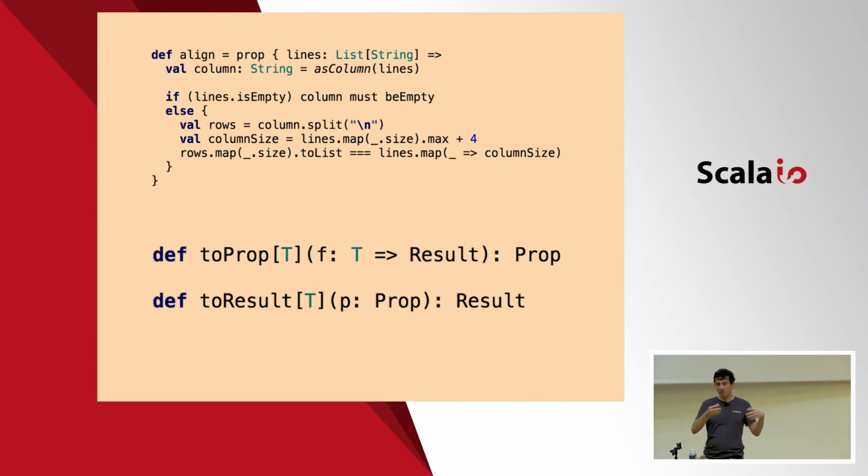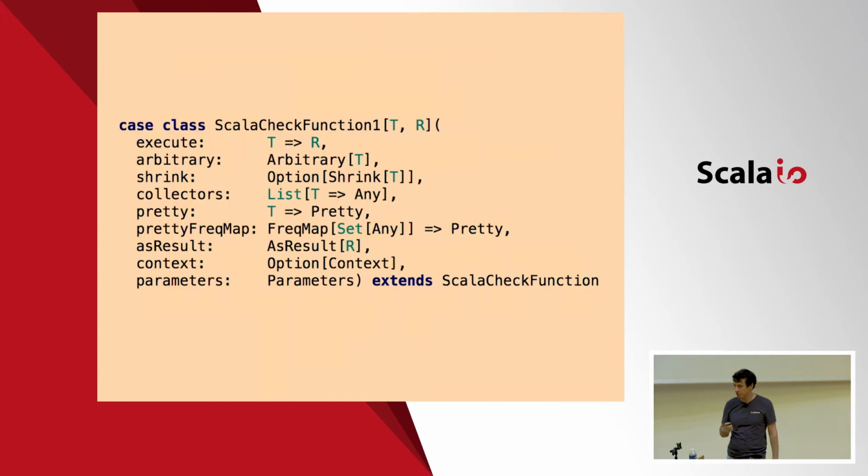We have to go from a function returning a Specs2 result to a prop, something that ScalaCheck understands, that we can pass to ScalaCheck. And now, once we have executed this property, we need to be able to pass back the results to Specs2 to build a proper Specs2 result. So there are two conversions back and forth between Specs2 and ScalaCheck to compute the results.